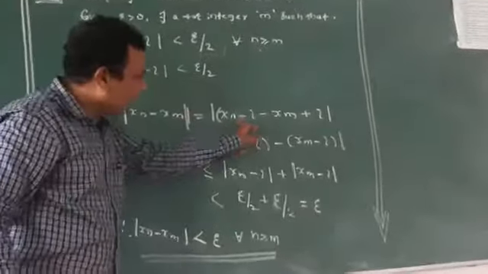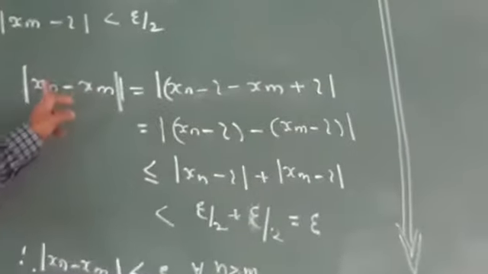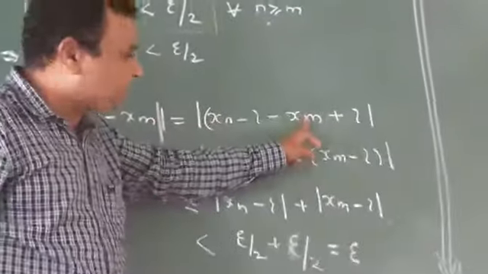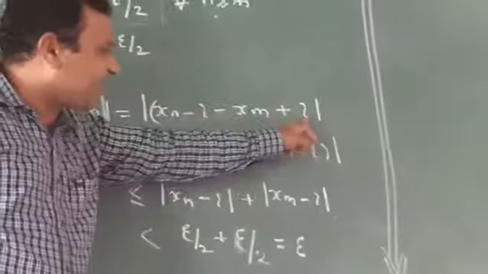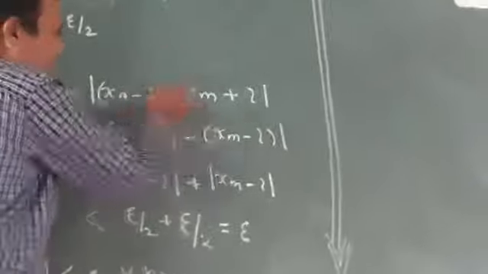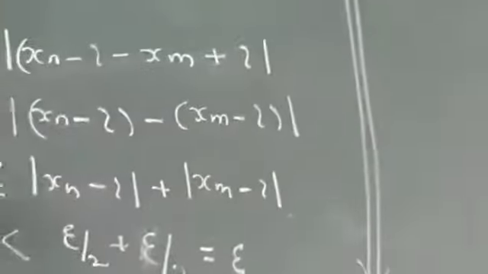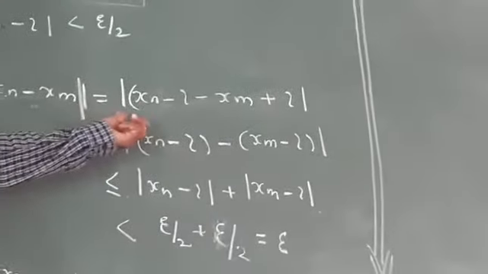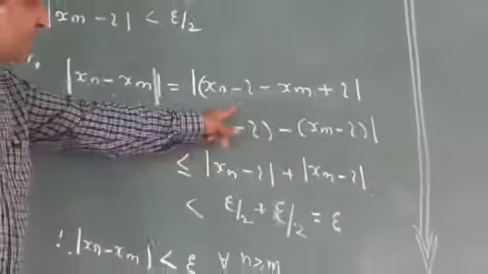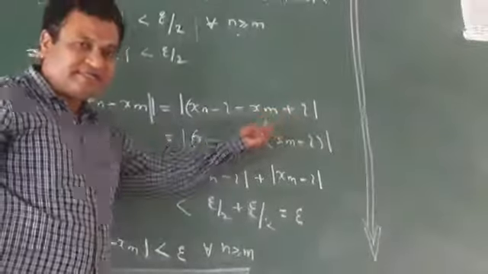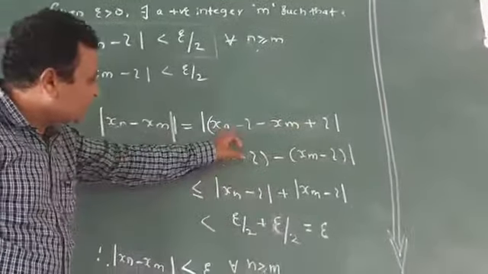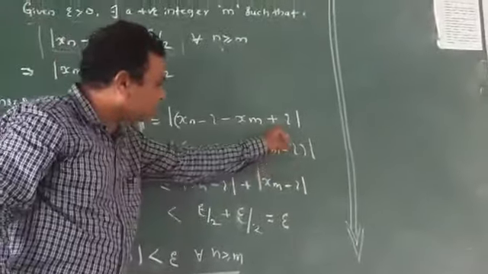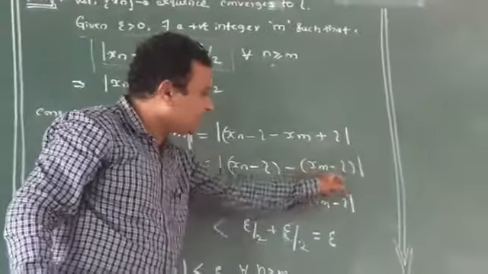That equals Xn minus Xm, and we add and subtract L: Xn minus L plus L minus Xm. By cancelling plus L and minus L, we again have the same form. There is no change, both are the same. So that is Xn minus L minus of Xm minus L.